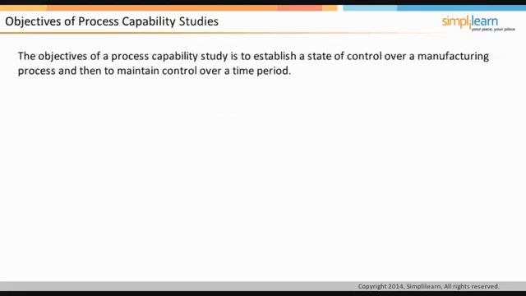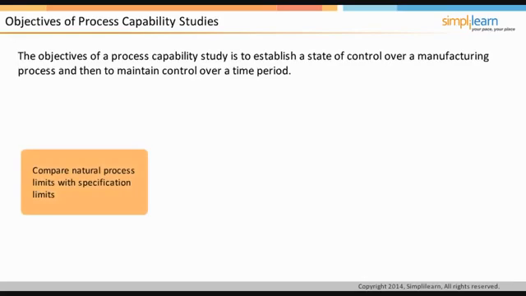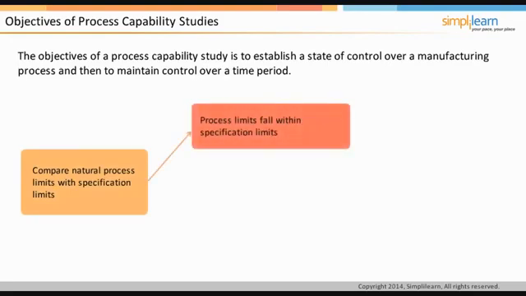The objectives of a process capability study are to establish a state of control over a manufacturing process and then maintain the state of control over a period of time. On comparing the natural process limits or the control limits within the specification limits, any of the following outcomes is possible. First, the process limits are found to fall between the specification limits.